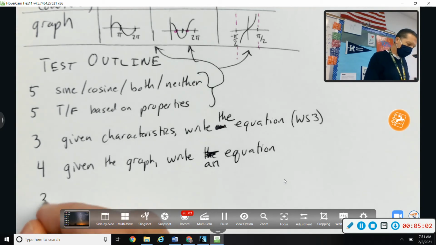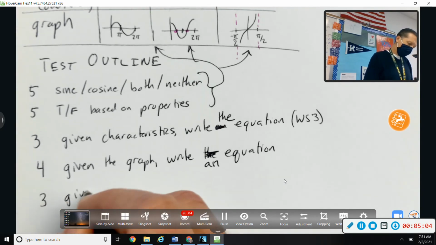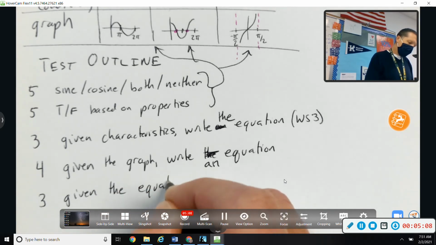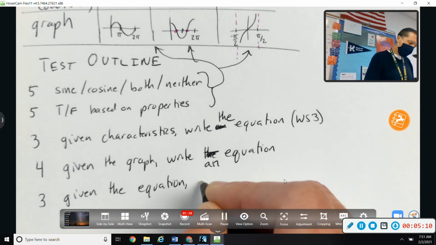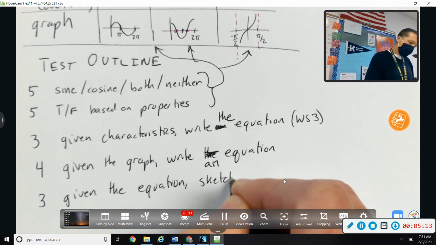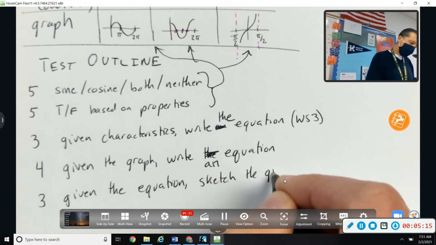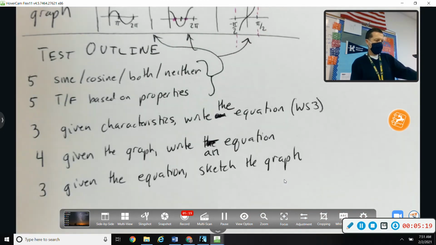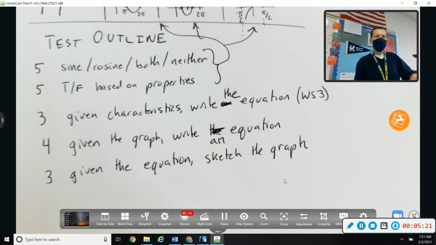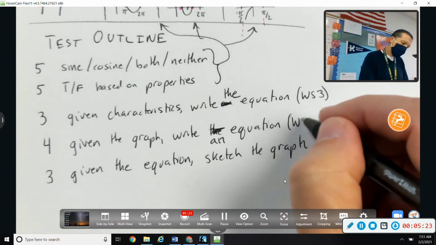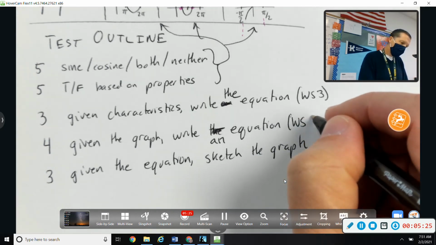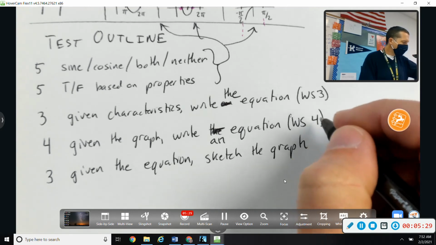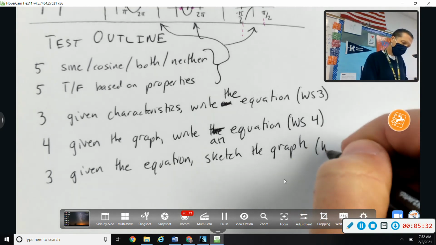And then there's 3 given the equation, sketch the graph. That was worksheet 2, I think.